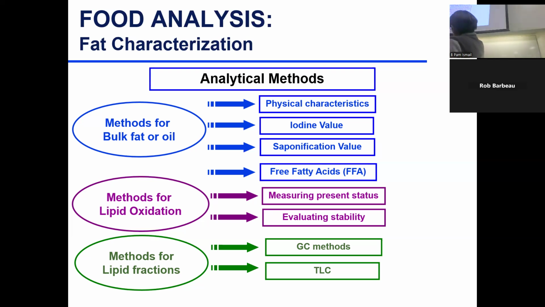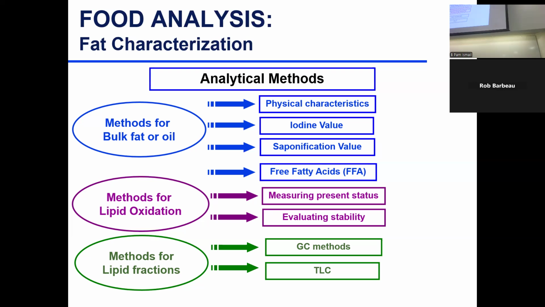But also, we measure free fatty acid to determine if hydrolytic reactivity has started to occur. And then we measure lipid oxidation, measuring the present state, meaning you buy an oil and measure at the time of purchase whether it was oxidized or not.